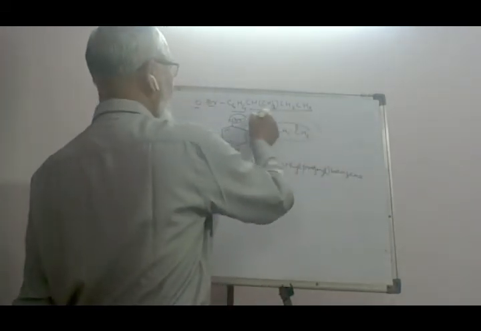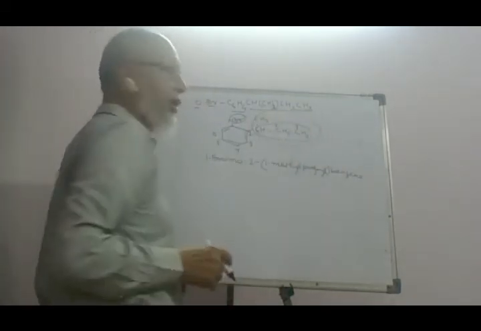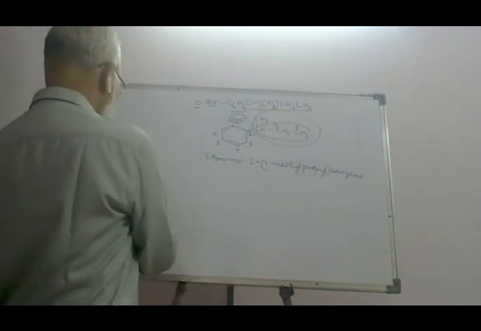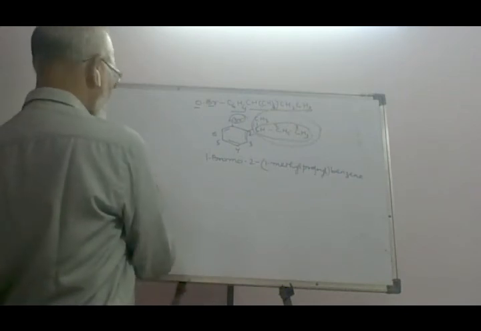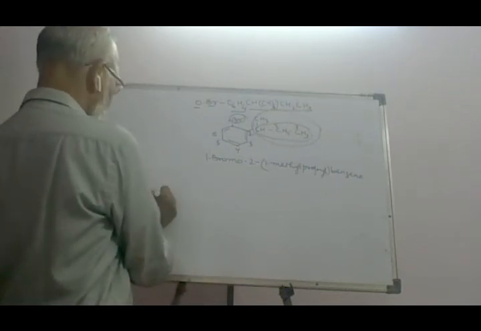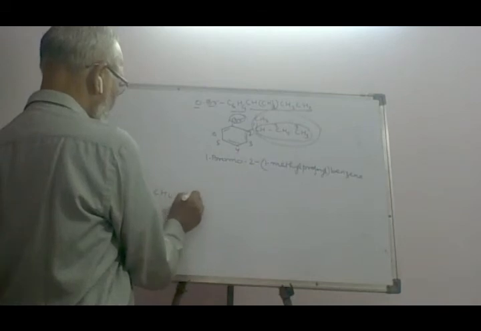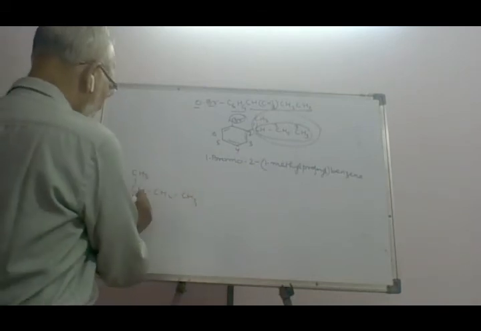Now this total group is also a secondary butyl group like this. This is a secondary carbon atom. So this is secondary butyl group, sec-butyl.